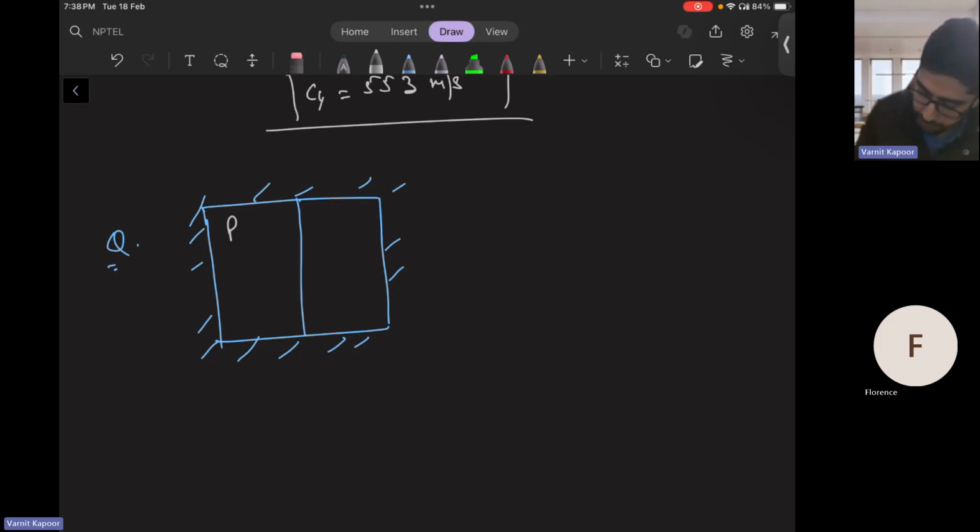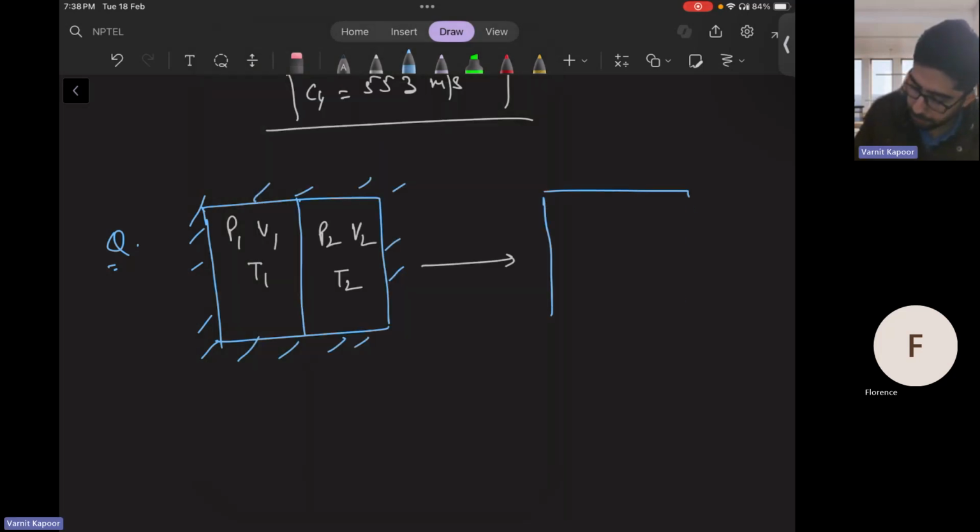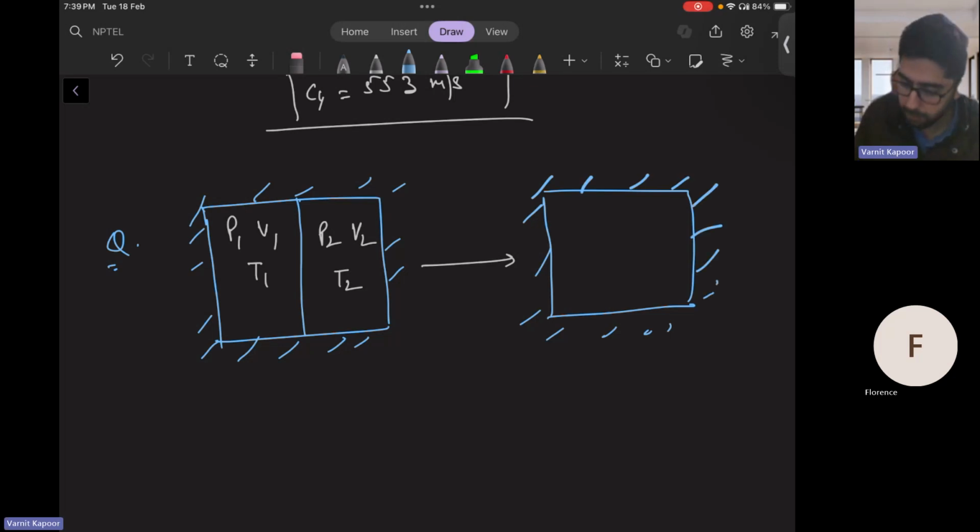So the left side has the properties P1, V1, T1, and right side has the properties P2, V2, T2, whatever gas is there. Now this membrane is opened and both mix up. It's not a free expansion because there is no vacuum. There is a resistance. So final pressure is P3, V3 volume, and T3 is the temperature. You need to get the expression for final pressure and final temperature.